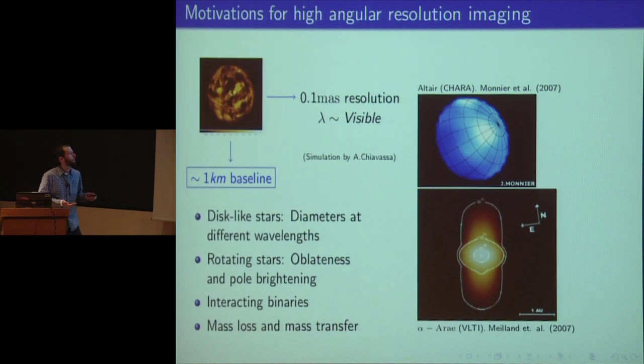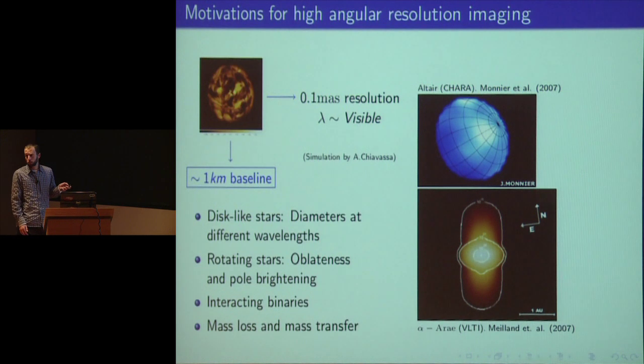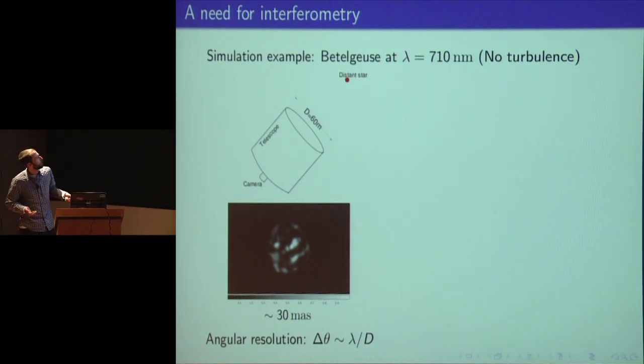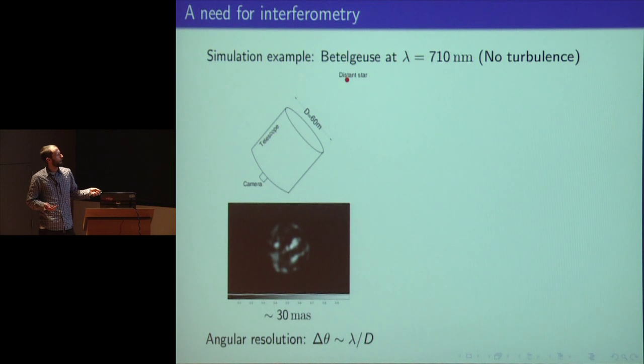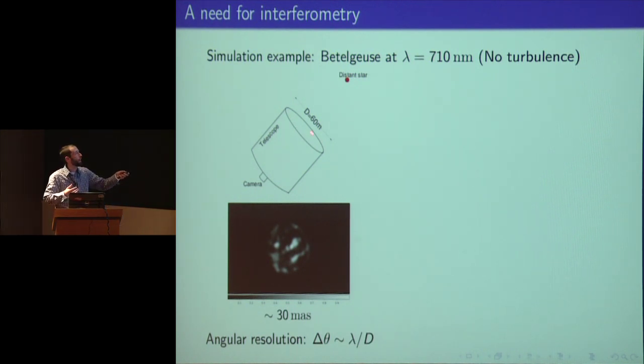Now I'm going to present an example. I'm going to work a little bit with this simulated image of Betelgeuse. And I'd like to show you what it would look like if we had a gigantic telescope of, say, 60 meters. The image that you would obtain is, for those of you who like mathematics, a convolution of the pristine image and this gigantic pupil.